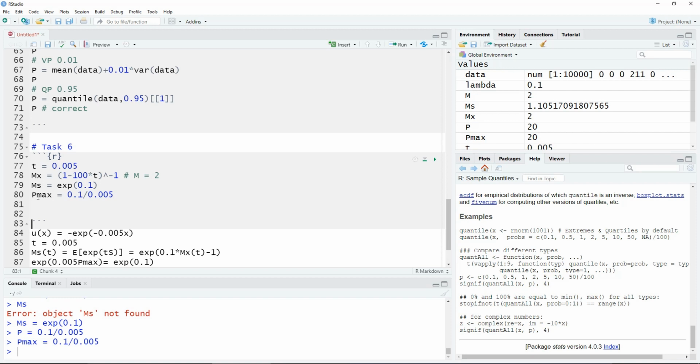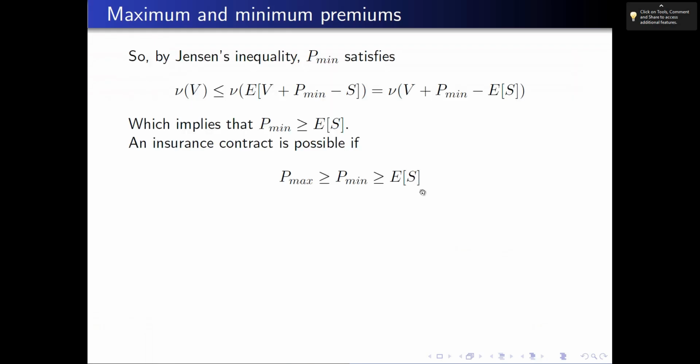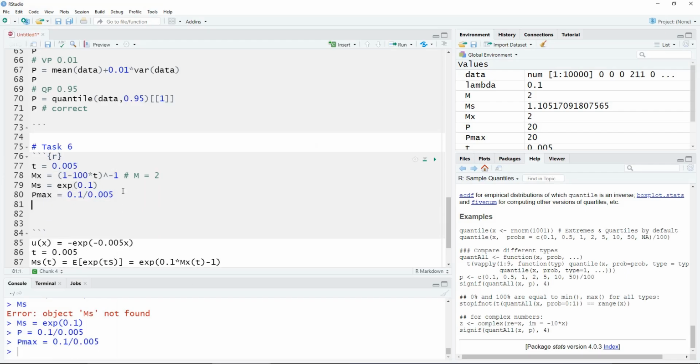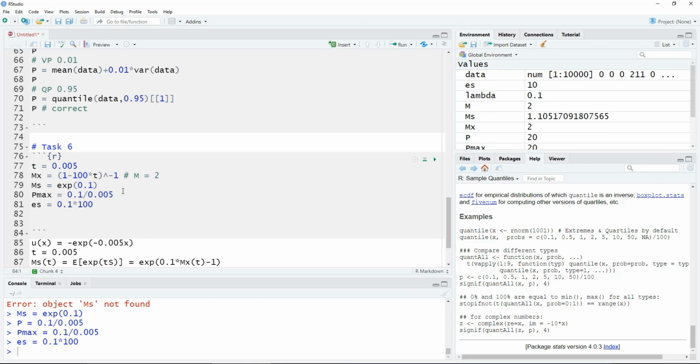And what is the condition to buy the insurance? Pmax should be more than the expected value of S. And this is true because the expected value of S is 0.1 times 100, and this is 10. Okay, so Pmax 20 is more than 10. Pmax is more than ES. Alright, so this is how it is calculated.